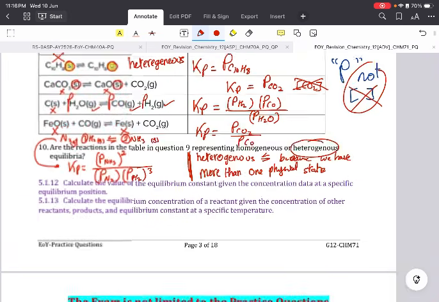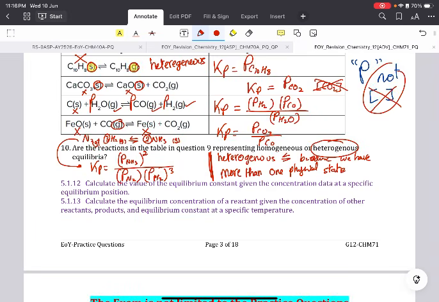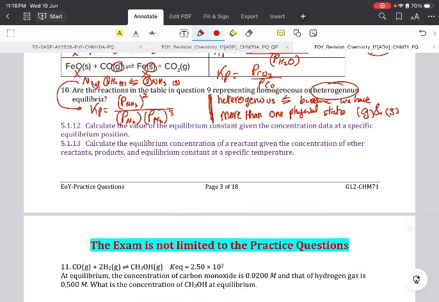You have in these equations the gas and the solid. So it makes this equilibrium heterogeneous.